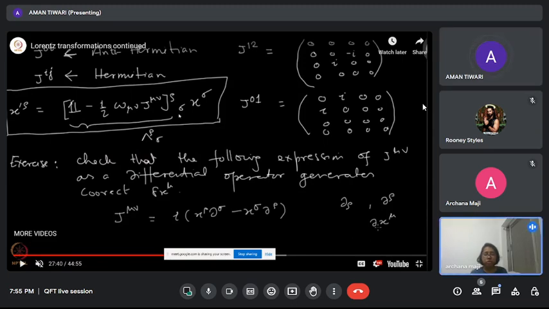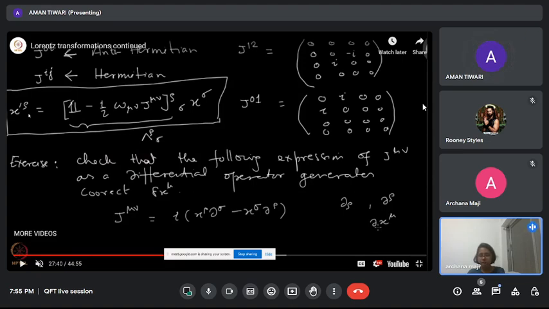See, on the left hand side you have x prime rho. Suppose rho is 0. Then it shows what is happening to the 0th component of your x vector. It is equal to lambda 0 sigma x sigma, with sigma being summed.